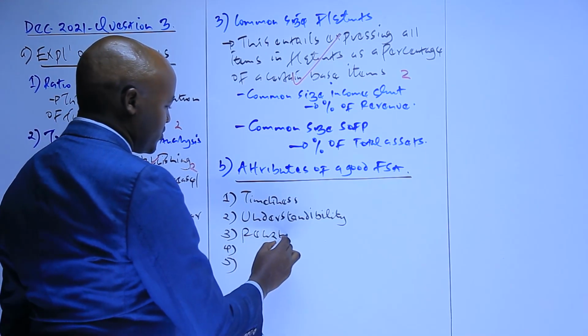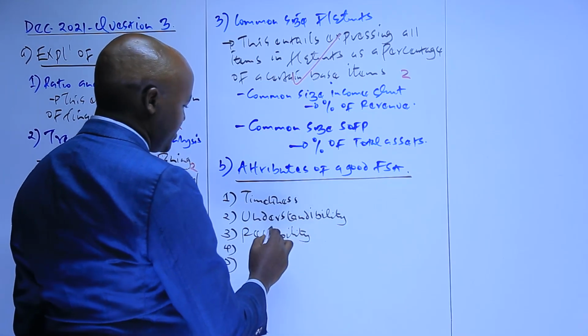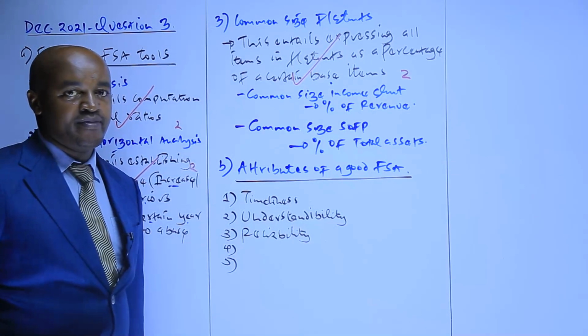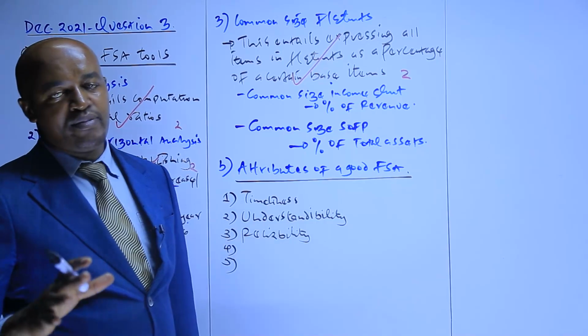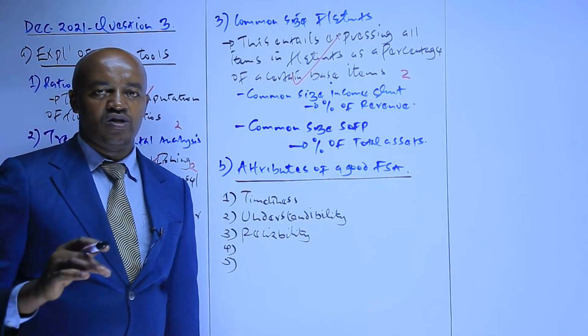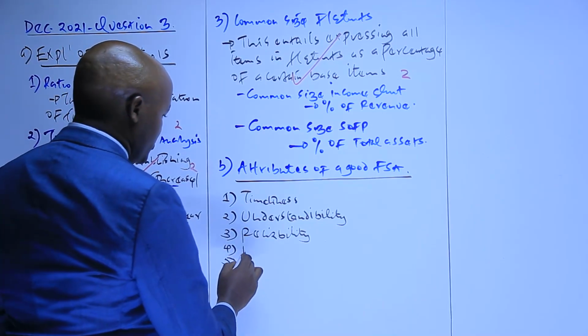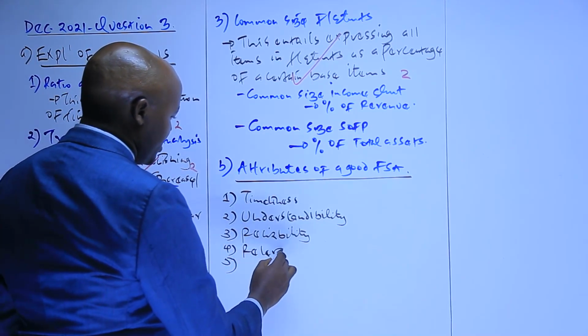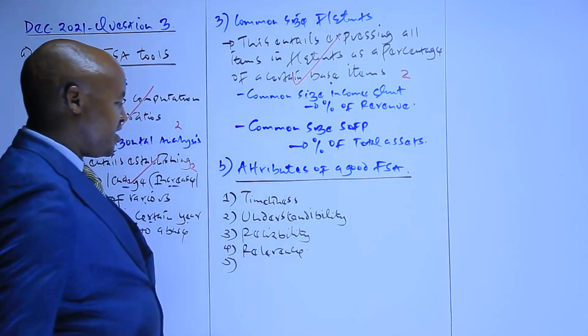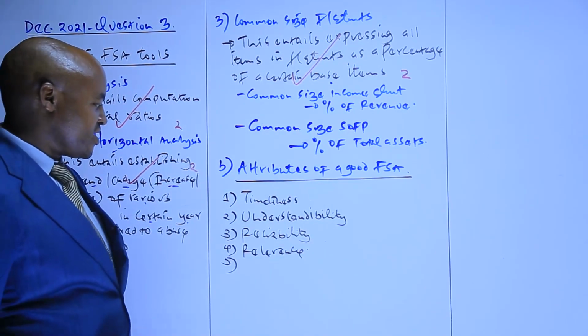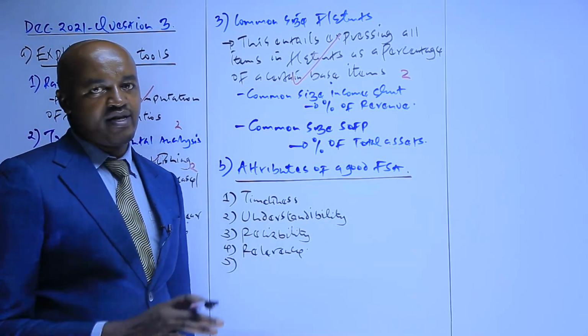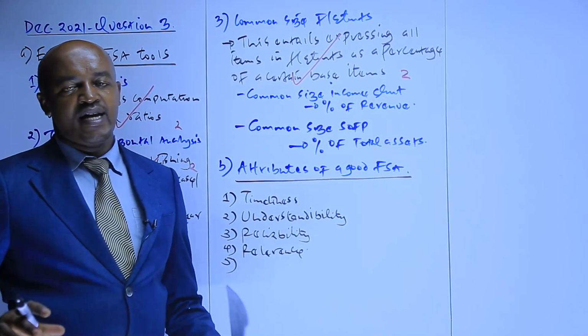Then we also talked about reliability, and we said this information provided by financial analysts, one, must be complete. It must be what? Free from any errors, and also it must be what? Neutral. We also have relevance, meaning that the information provided by financial analysts must influence the decision which will be made by the users.